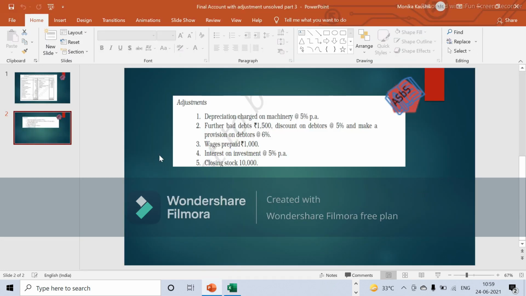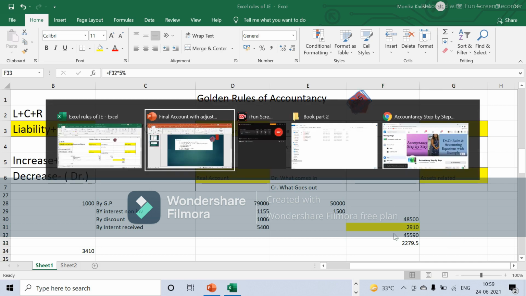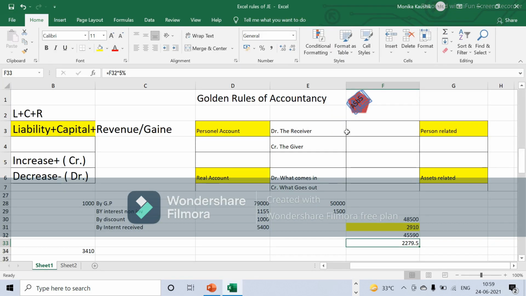Now out of this what will I have to deduct? The discount on debtors. See, in the balance sheet we will put, deduct or apply only those things which are there in the adjustment. From the trial balance we don't need to consider it here in the balance sheet. So now I am going to deduct the discount on debtors also. The discount I calculated yesterday is this 5%. 5% is given over here. So I am going to deduct this discount, 2280.